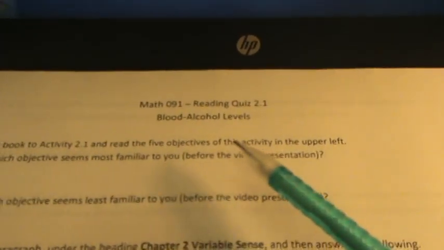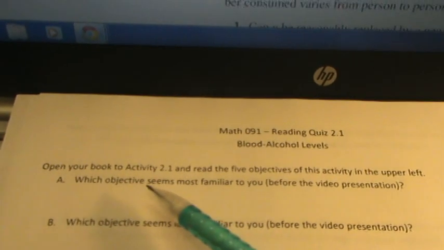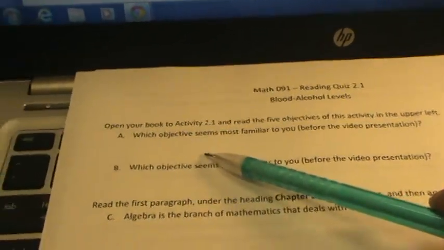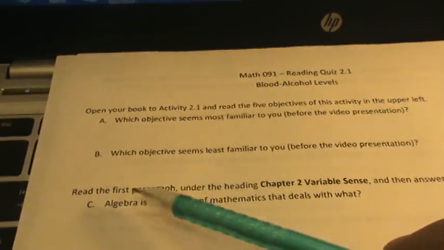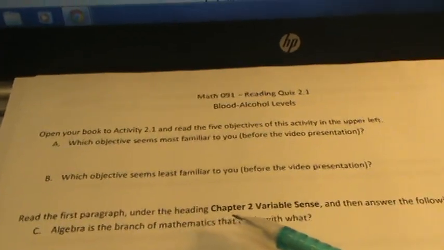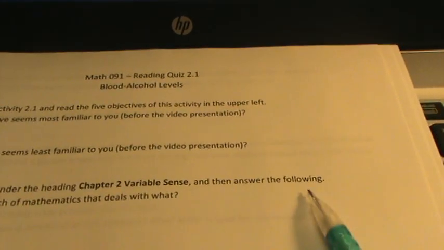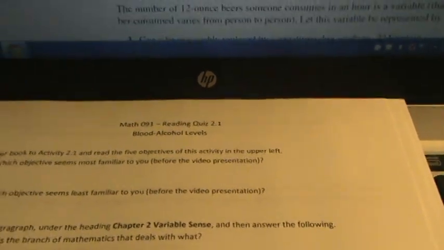After the first sentence, I say, which objective seems most familiar to you? So you're going to read and respond there, write your written response here, and then answer this question as well. Then I say, read the first paragraph under the heading Chapter 2, Variable Sense, and then answer the following.